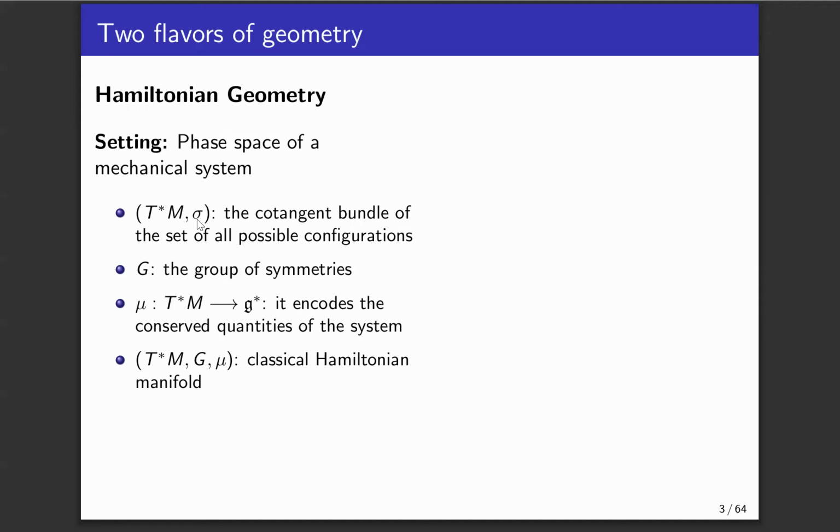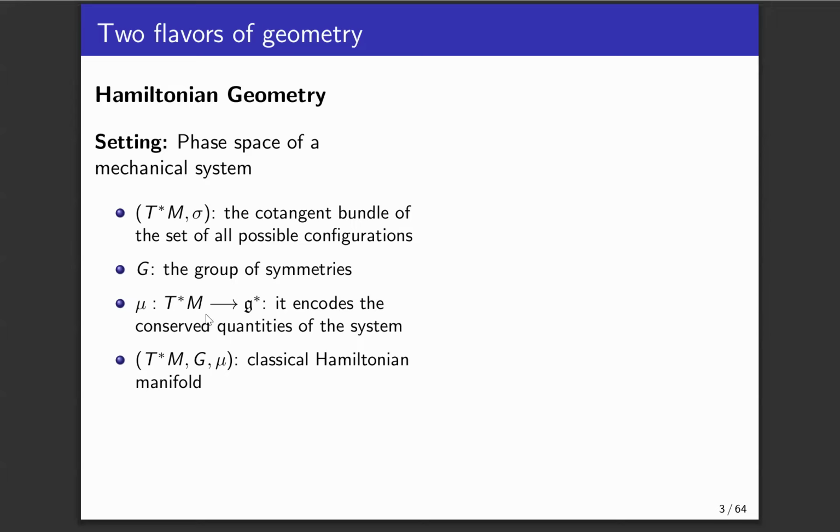And if we want to simplify the study of such a system, we would like to find some group of symmetries. And this group of symmetries will act on the cotangent bundle of the set of all possible configurations. And also we have some map mu from the cotangent bundle with values in the dual of the Lie algebra of the Lie group.